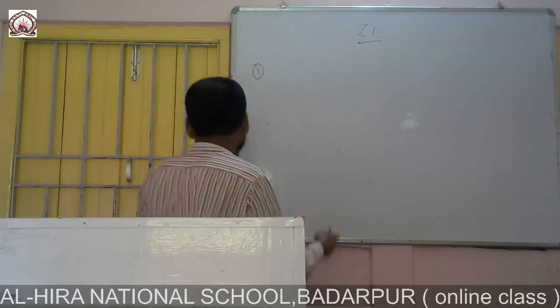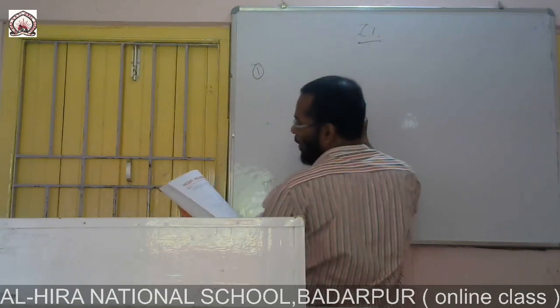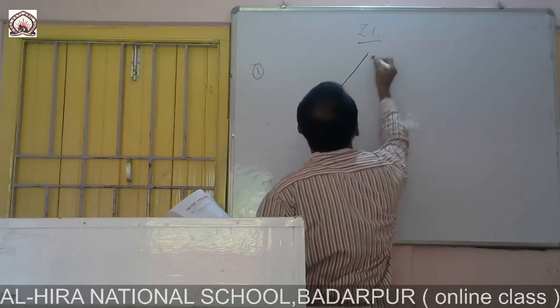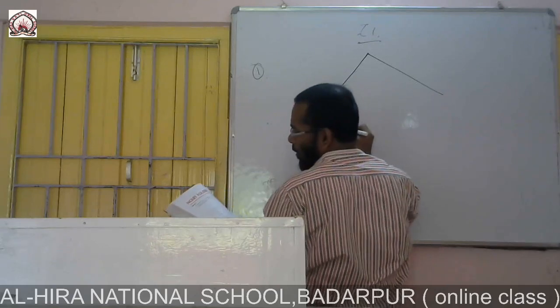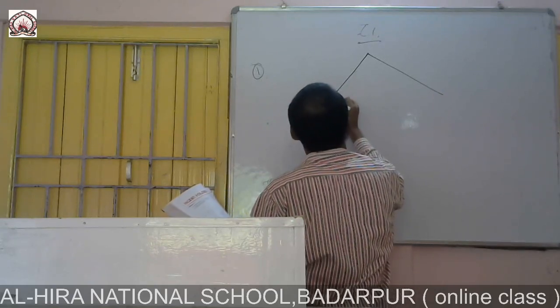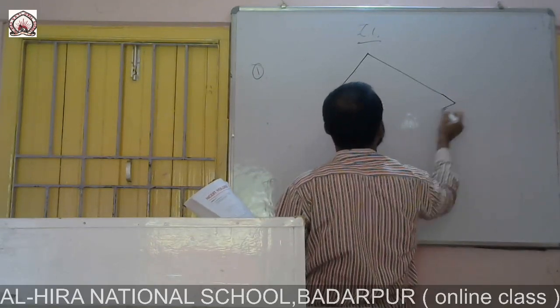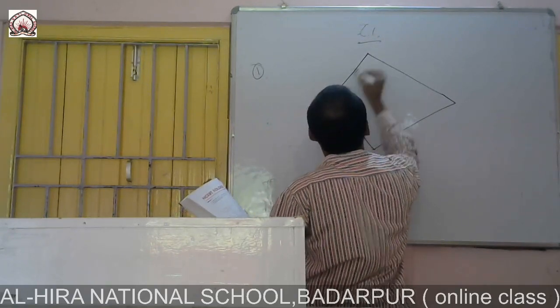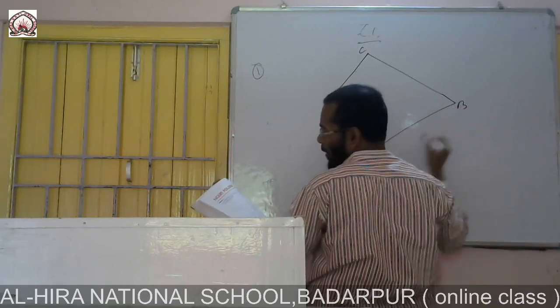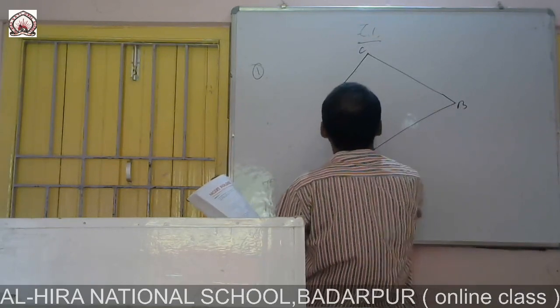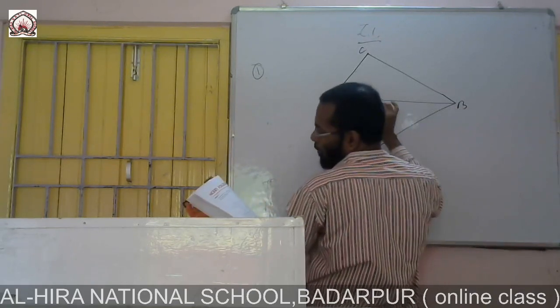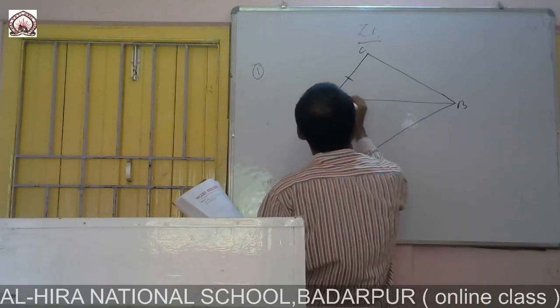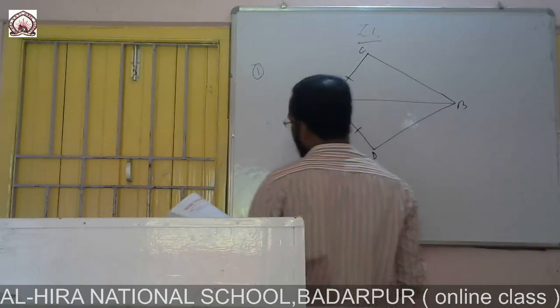So for question number 1, first you draw the figure with A, C, B, D, and mark the given angle and sides. Whatever is given in the question, you write.